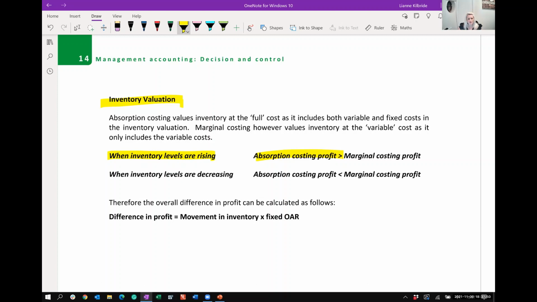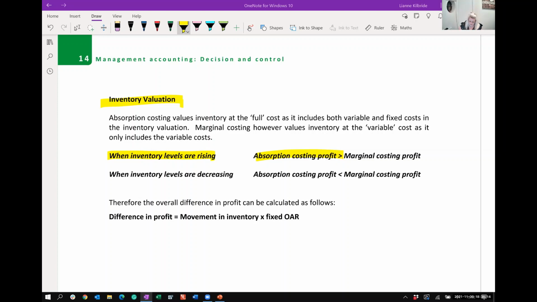The units that you've produced but not sold, that cost moves over to the next period. So you're not soaking up all your costs in that month, hence as your inventory level rises and you've got more stock left to sell, you get more profit because you've not got as high expenses.